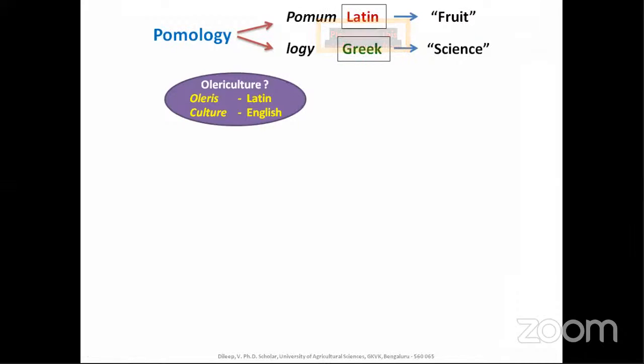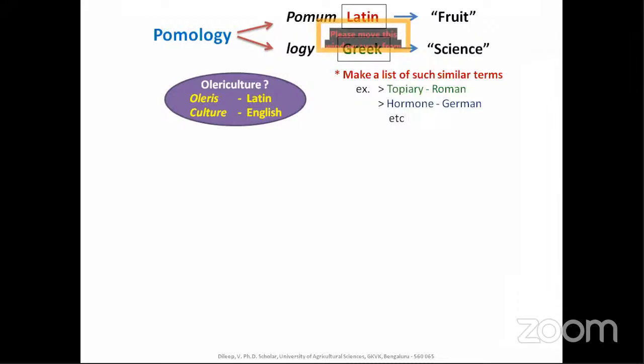So you got pomology and you got olericulture, and similarly you have to make a list of all such similar terms which you encounter while reading. For example, topiary came from the Roman language, and hormone from the German language. Like that, you will get many other such terms like ikebana and bonsai, which are Japanese words.